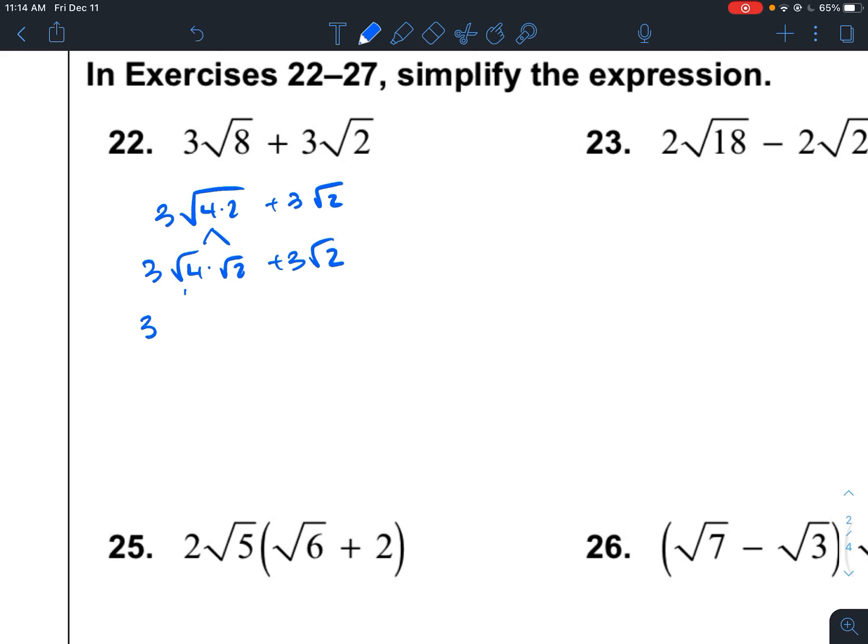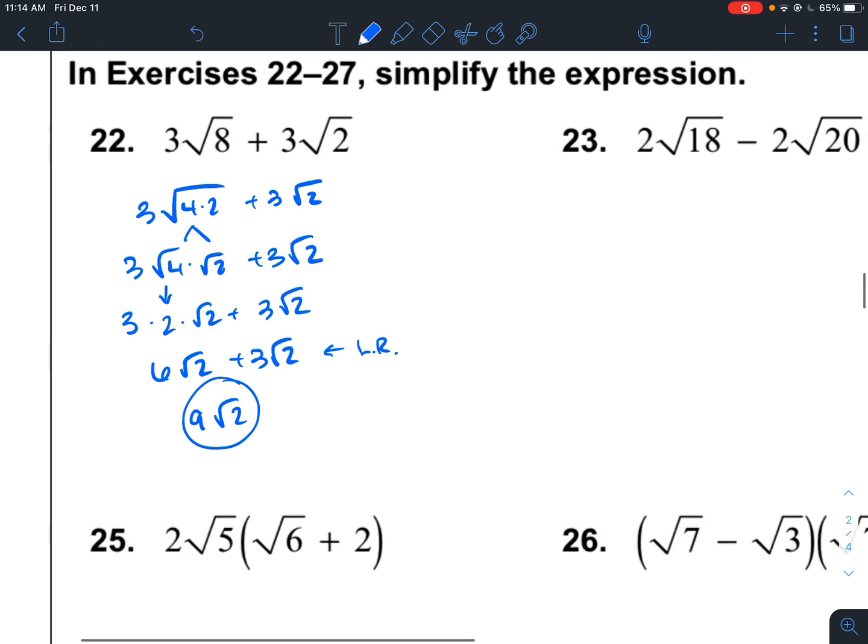Square root of 4 is 2. So then this is 6 square root of 2 plus 3 square root of 2. So when you add, now that these are like radicals, I can combine them, and now it's 9 square root of 2. So 6 plus 3, which is 9.